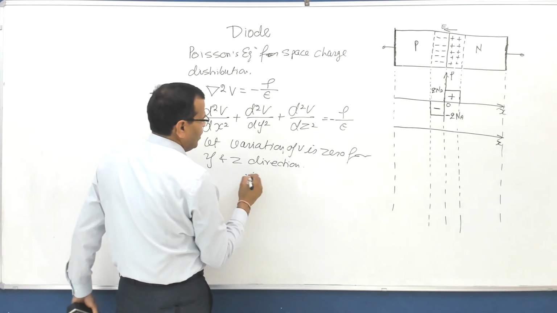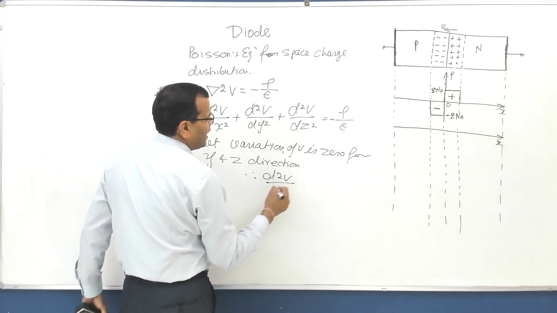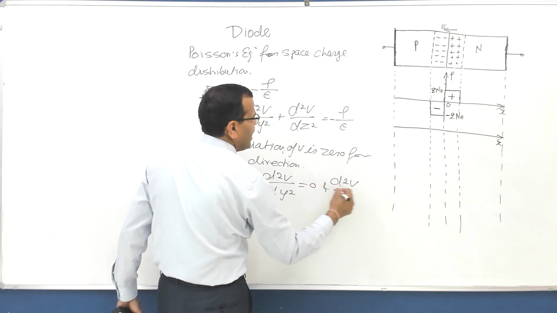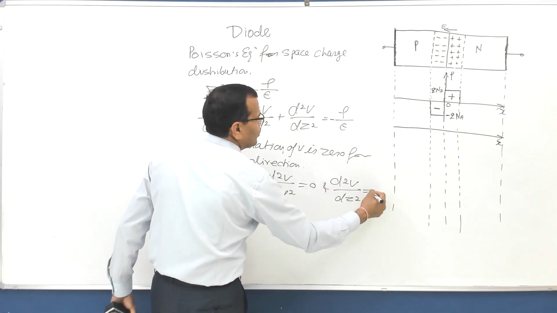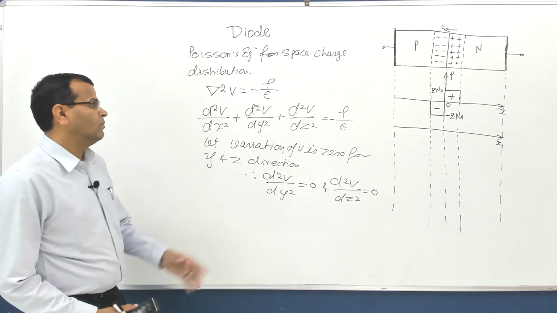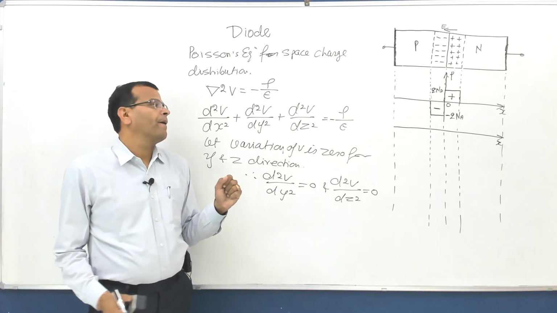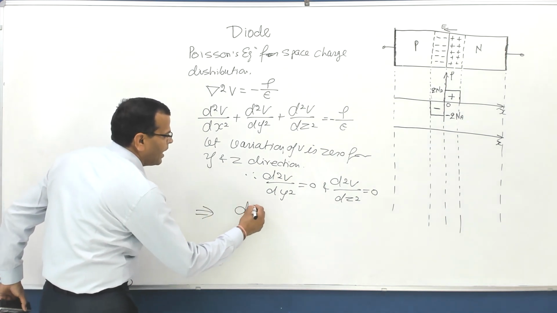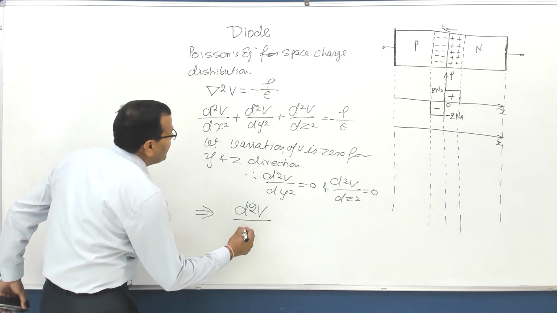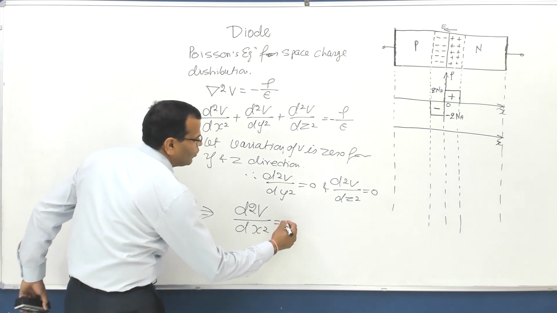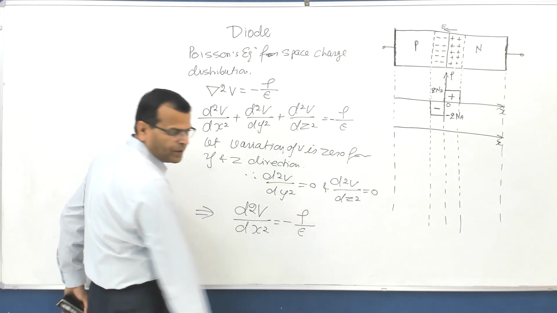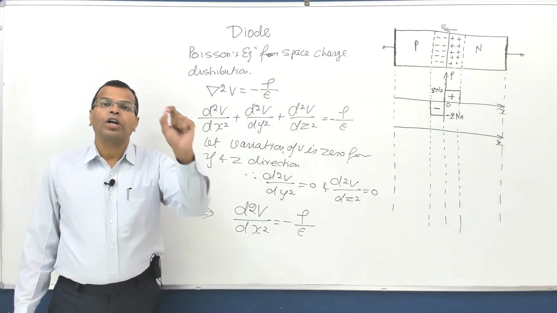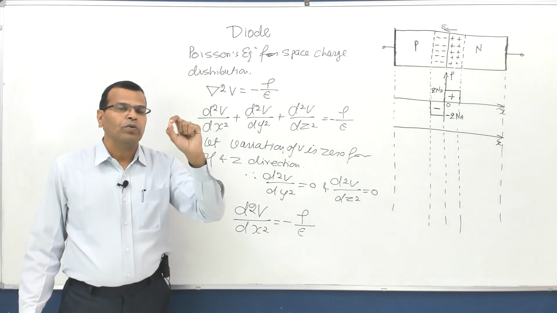Therefore d2V by dy square and d2V by dz square are equal to 0 because of that assumption. Now this Poisson's equation can therefore be written as d2V by dx square is equal to minus rho by epsilon. That's your Poisson's equation for the depletion region.